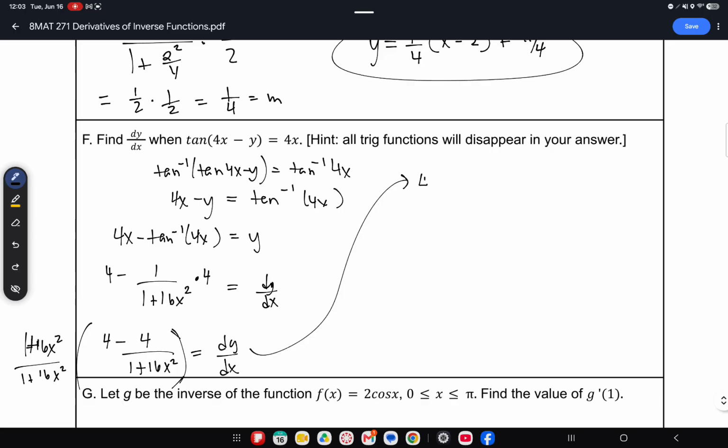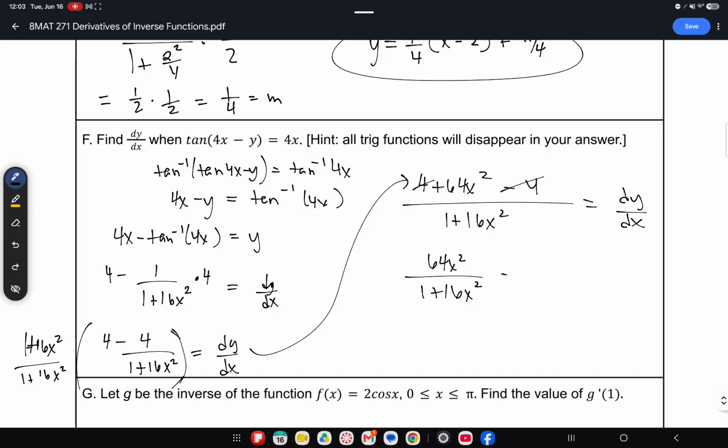So I really have 4 plus 64x squared minus 4, all over that common denominator of 1 plus 16x squared. And then 4 minus 4 cancels out. So I'm left with 64x squared over 1 plus 16x squared. That just looks nicer than having it separated out.